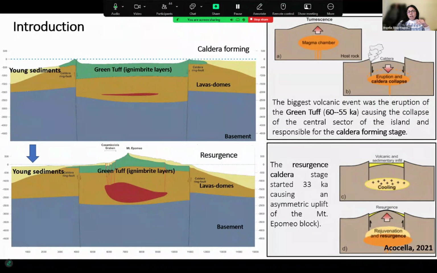In the case of the caldera of Ischia, this picture represents the first stage of the formation of this depression.